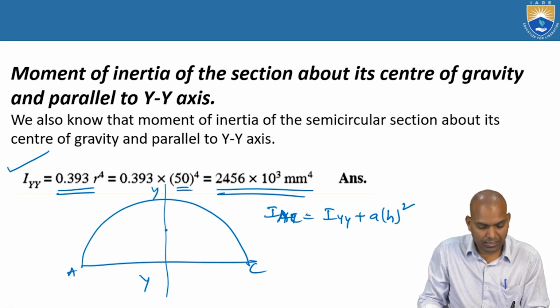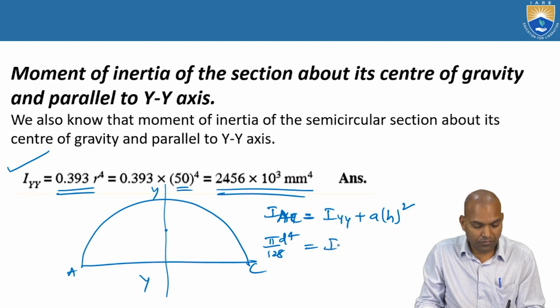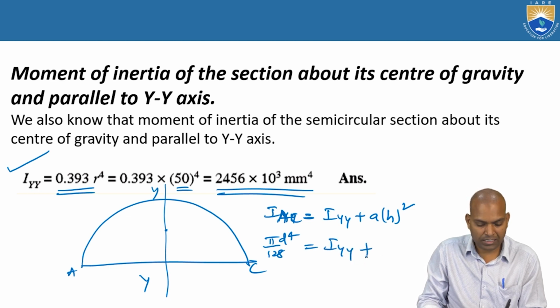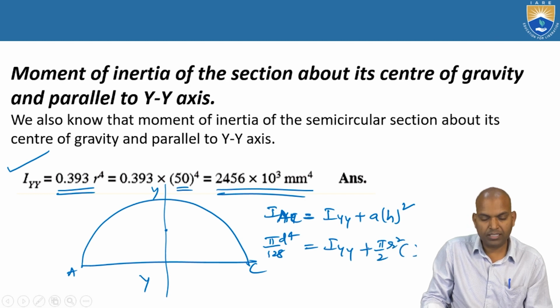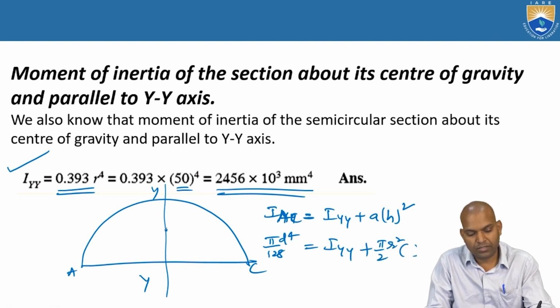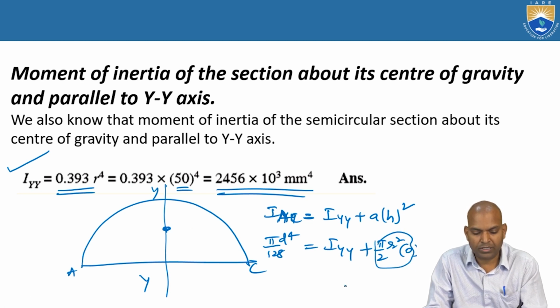What about IAC? This IAC means pi by 128 d power 4, that equal to Iyy, which is passing through centroidal axis, plus area, pi by 2 r square, times h square. What about the h distance here? The distance from centroidal axis of the semicircle to this y. It is passing already. That means h equal to 0, so this term is completely 0.